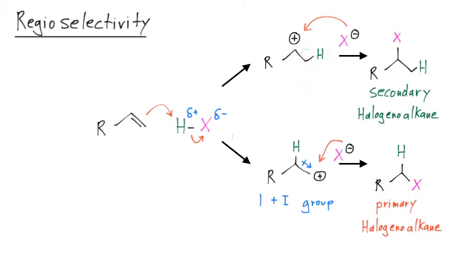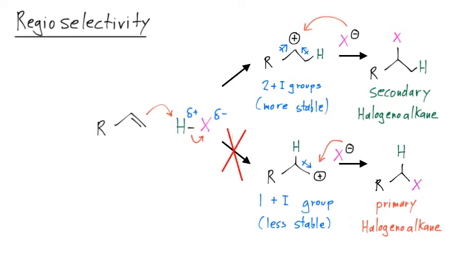But up here, we have two plus I groups present. Two plus I groups cause more stabilization of the positive charge due to donation of electron density from the two plus I groups. And that makes this intermediate more stable than that one. And therefore, the pathway up here is favorable and the one down here not. It still happens, but to a much lesser extent.